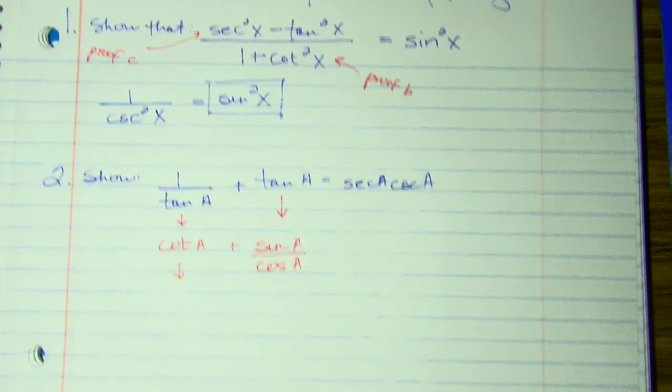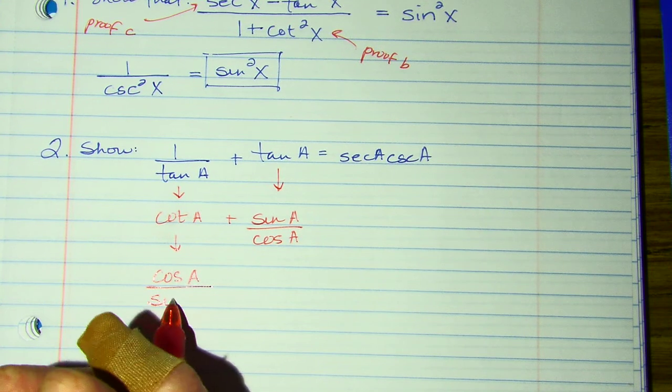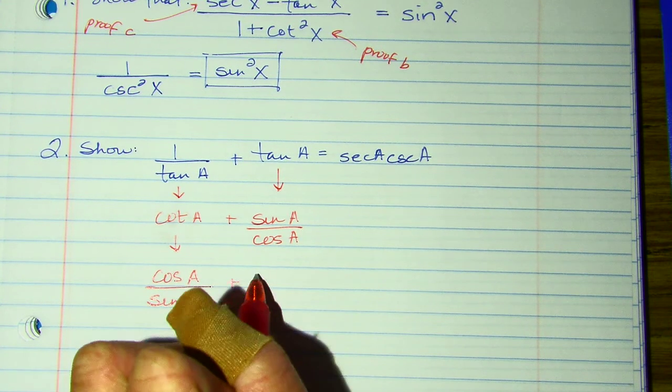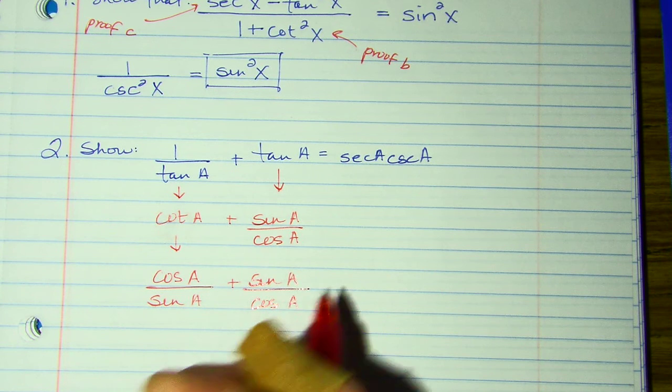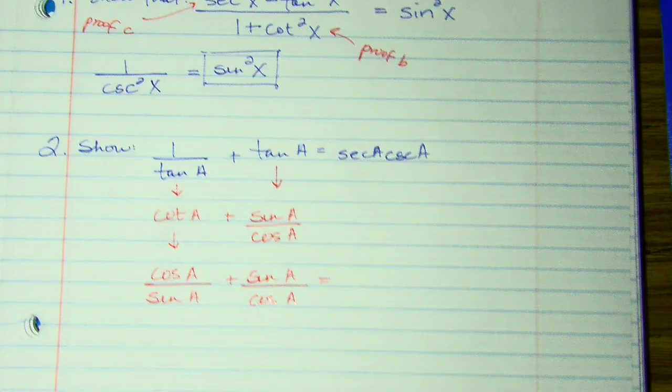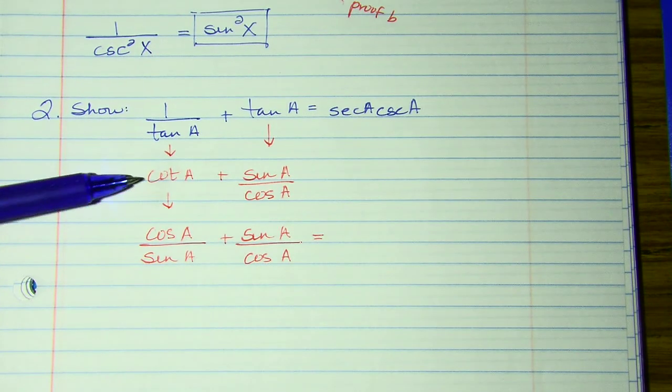The cotangent is the same as the cosine of A over the sine of A. And I'm just going to rewrite this one. You can see this equals the cotangent, which equals this.